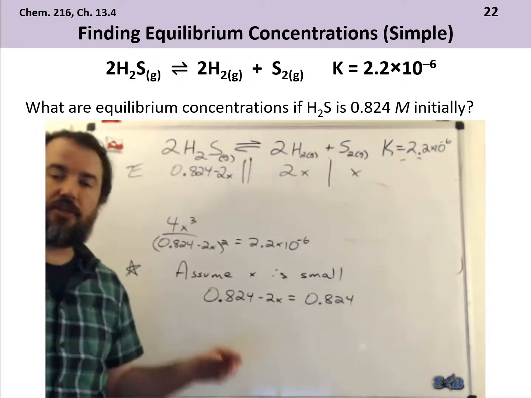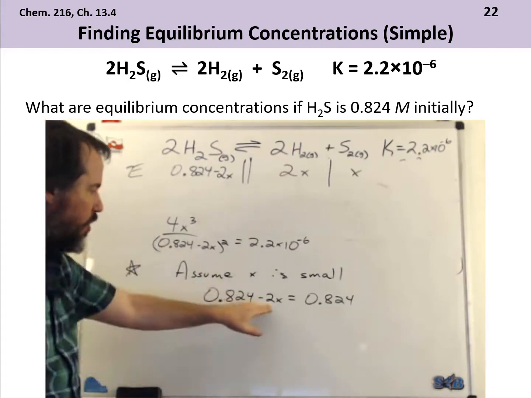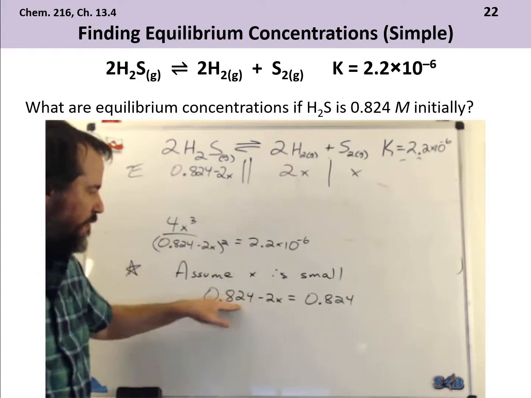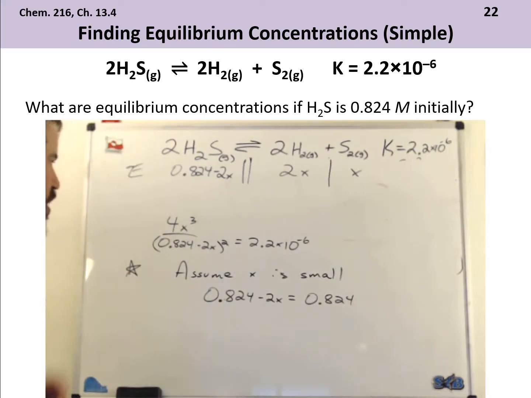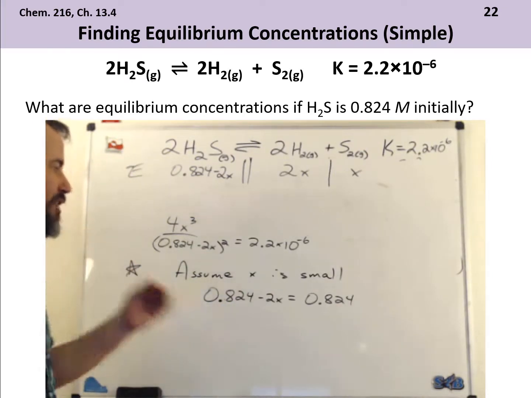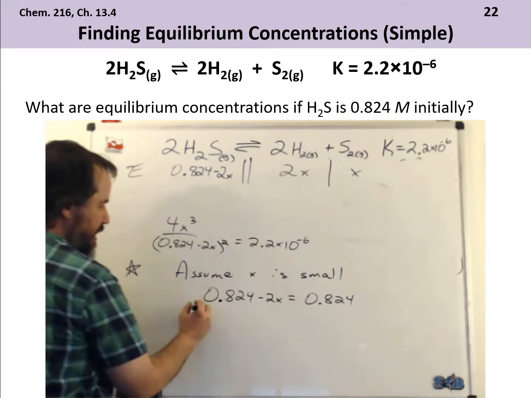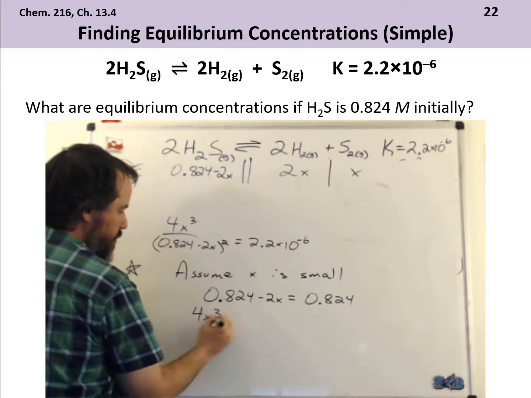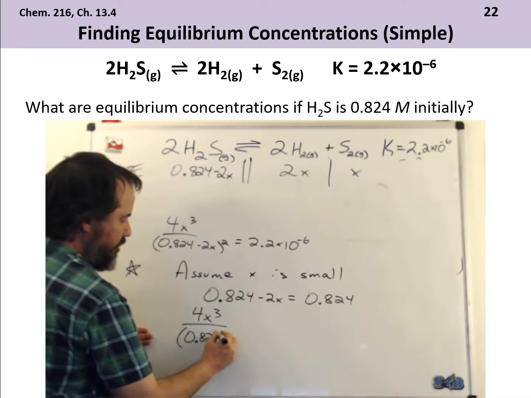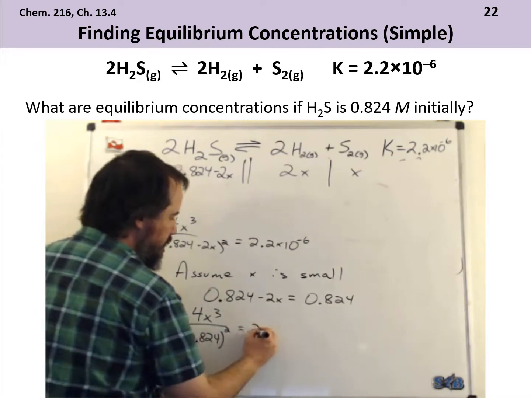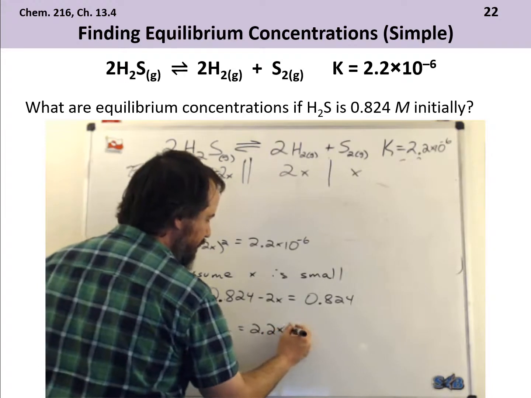I'm just saying x is so small that subtracting it from this isn't going to have an effect. So it's just 0.824. This makes my life much simpler, because then this becomes 4x cubed over 0.824 squared equals 2.2 times 10 to the minus 6.